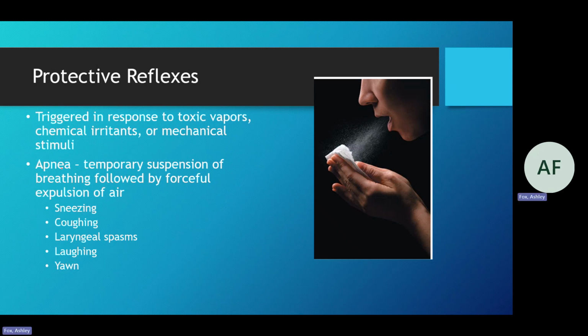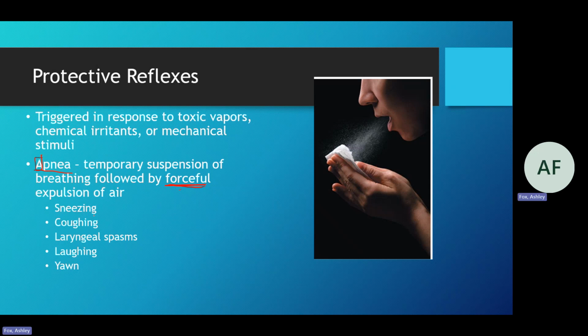So we have a term called apnea. Apnea, again, A means without, and this is going to be without breathing, nia. So apnea is temporary suspension of breathing. And usually you stop breathing in, so you hold your breath and then you push air out.